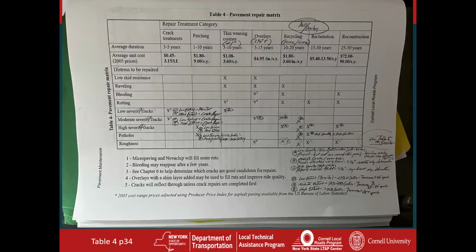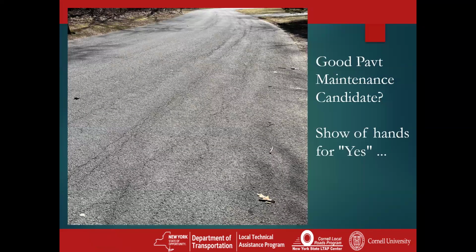And as you can see, I took a picture rather than giving you a clean page, because I love to get in there and mark things up as I start to see things that help me clarify my decision making. And I would strongly encourage you to do the same thing. And then we've got another table that we'll talk about in a little bit, but it helps you focus a little bit more on crack repairs.